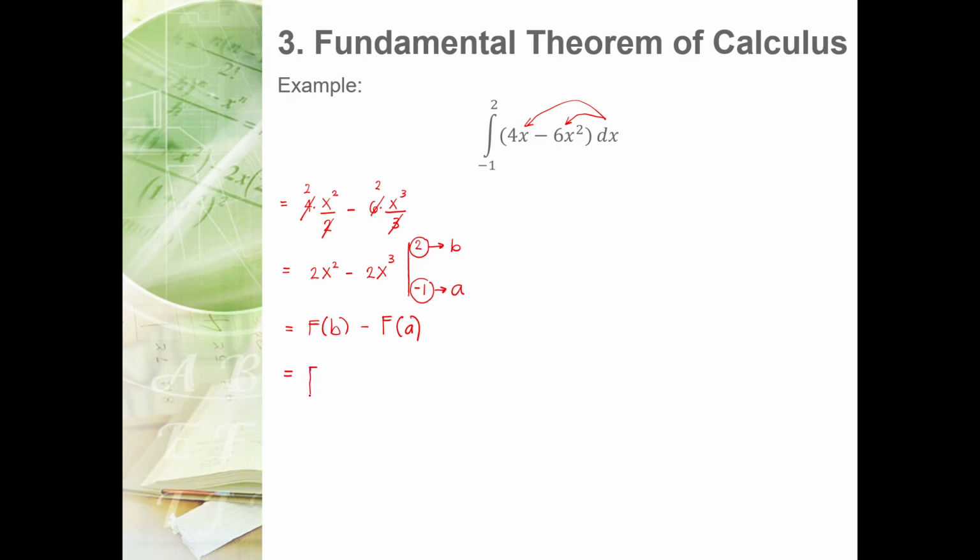Let's separate the f of b and f of a through brackets. The first one is 2 times 2 squared, then minus 2 times 2 cubed. Again, this is still the f of b term.